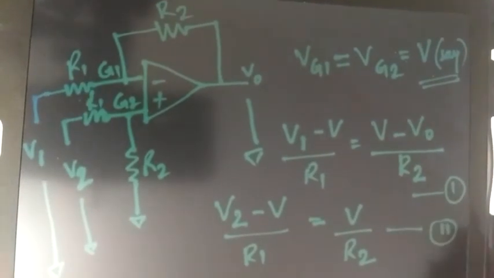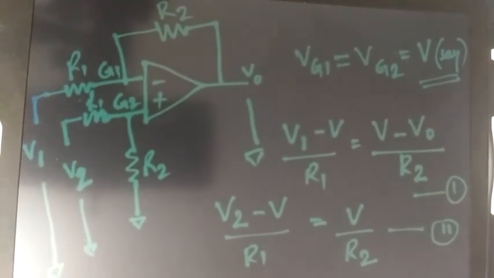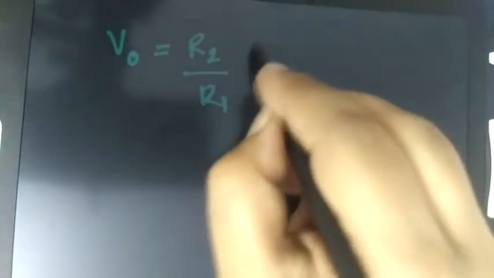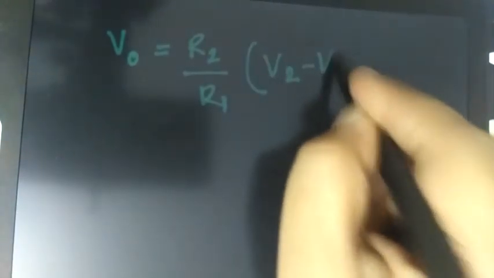Now after solving these two equations, we subtract equation 1 from equation 2, and we get V naught is equal to R2 by R1 into (V2 minus V1).